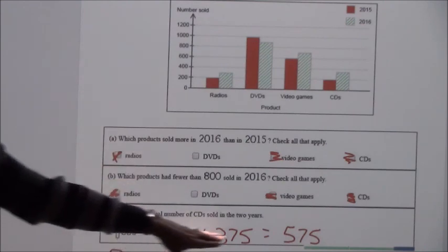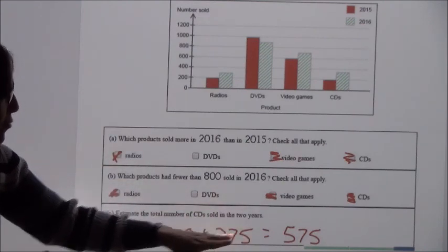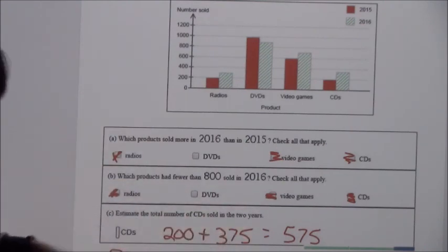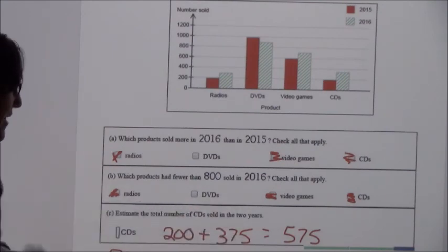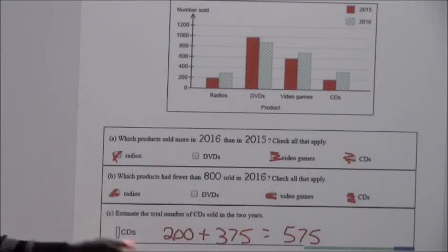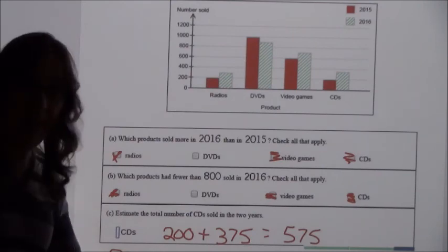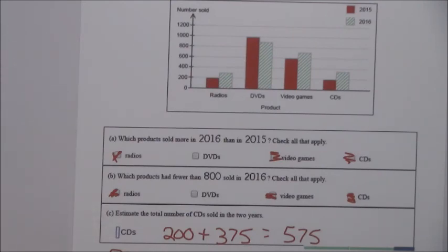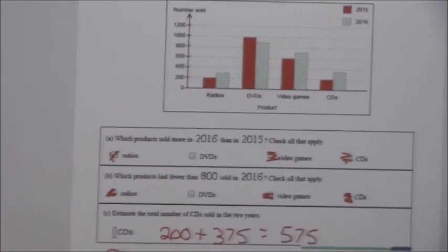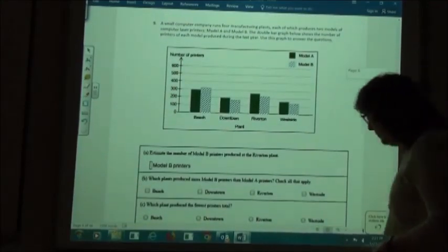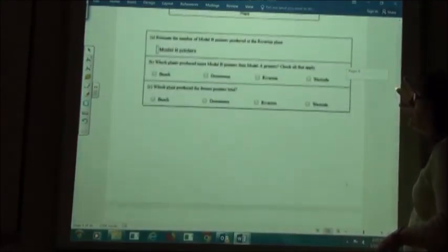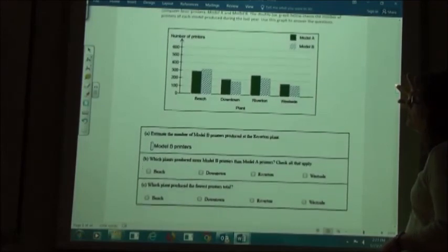You may have a little bit different. I estimated that at 380, so I had 580, which was fine. You maybe went 370, but it should be somewhere around 575 then. Oop, let me slide that a little bit more. Whoops, we almost got it.